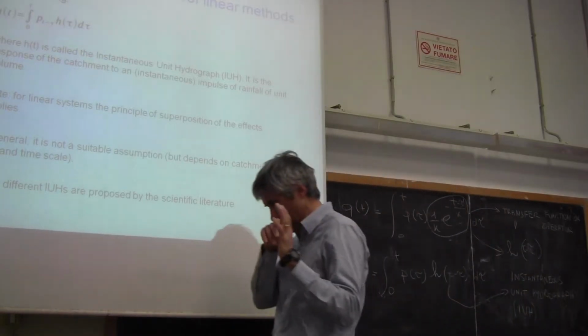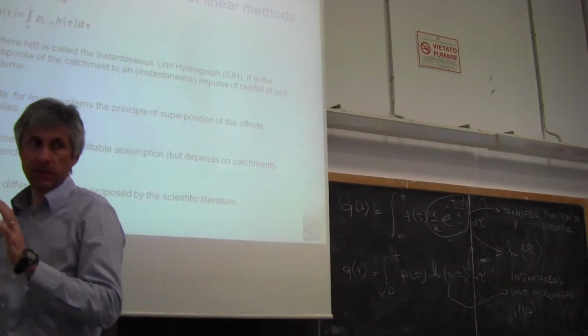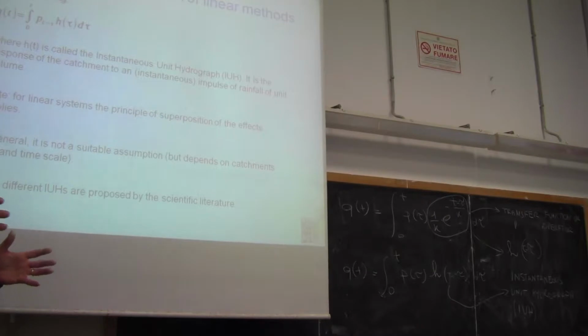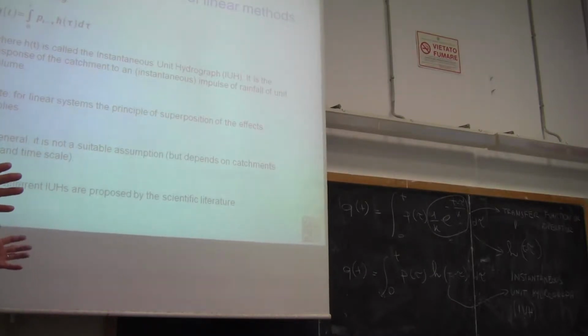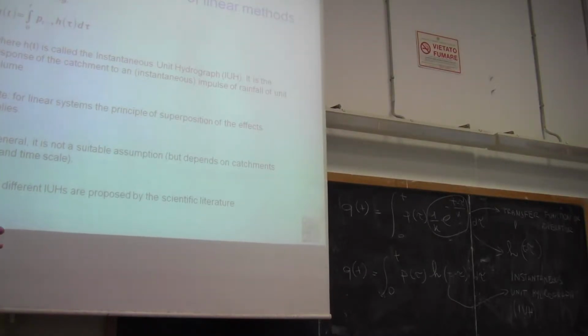Now, what have we learned so far? We learned that there is a category called the linear models that allows us to compute the river discharge as a linear function of rainfall. We learned that this approximation of linear function is useful, but on the other hand is not really justified from a physical point of view.